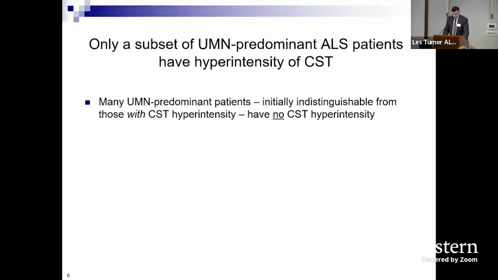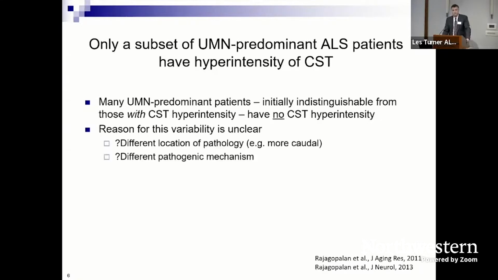We discovered that many upper motor neuron predominant patients who superficially appear identical to those with CST hyperintensity do not show the signal change on conventional MRI. This was initially quite puzzling and raised questions about why this is.